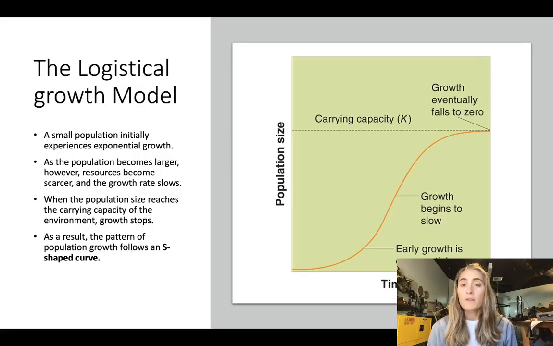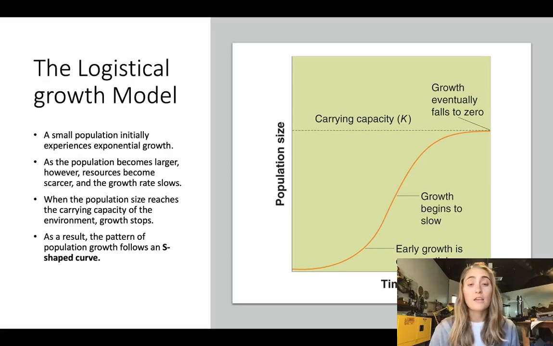The more commonly used growth model would be the logistical growth model, and this is also called an S-shaped curve. With an S-shaped curve, there is going to be some type of resource or some type of limiting factor that prevents the population from growing exponentially.